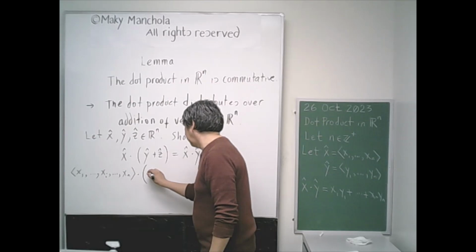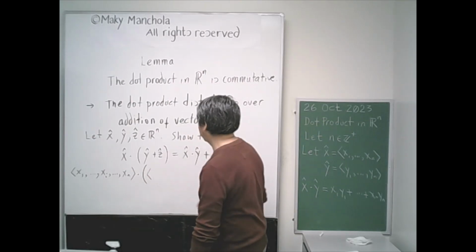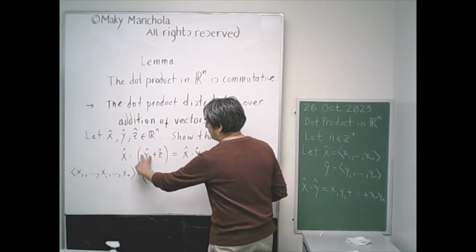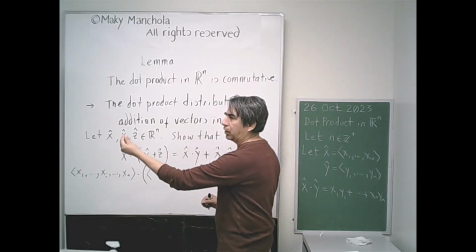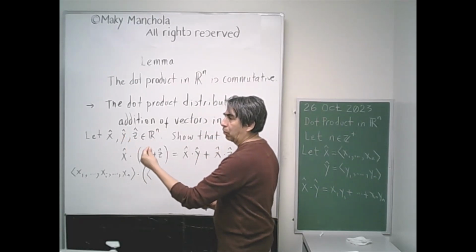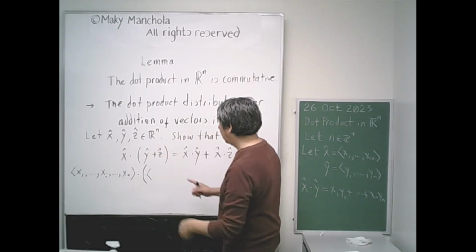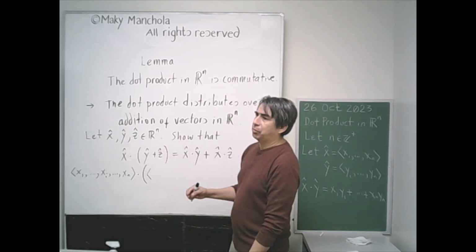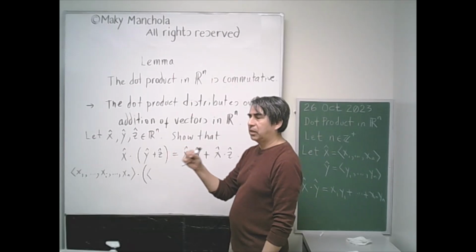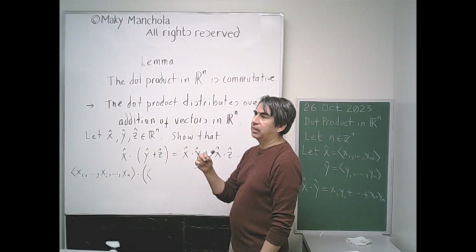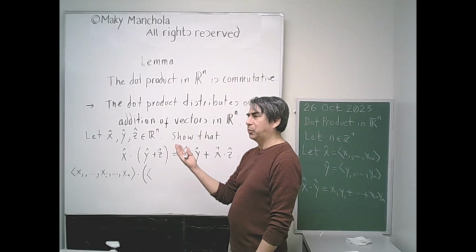So if we use entry notation, this vector y hat will be y1, dot dot dot, yi, dot dot dot, yn, and the vector z will be z1, dot dot dot, zi, dot dot dot, zn. So what happens when you add them?